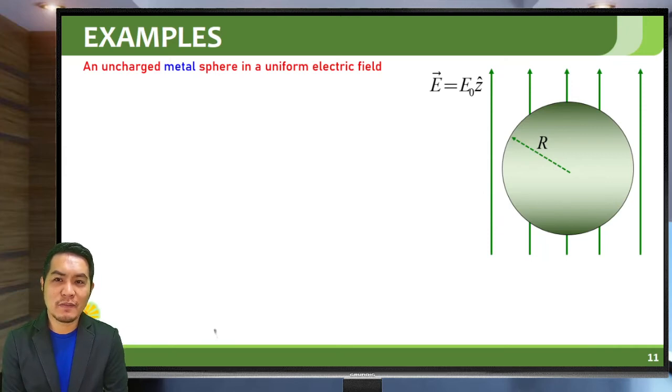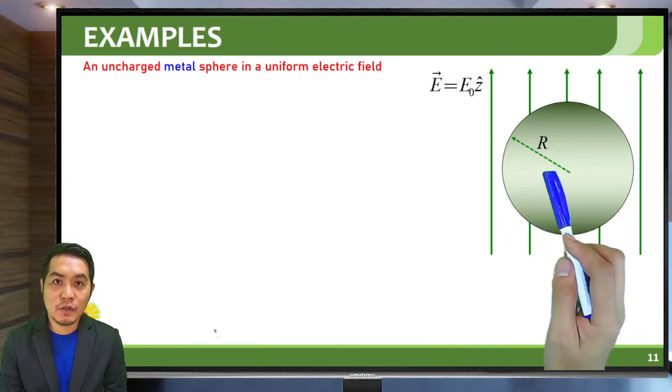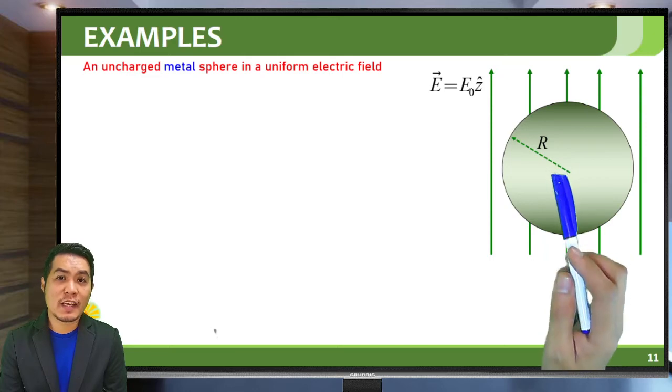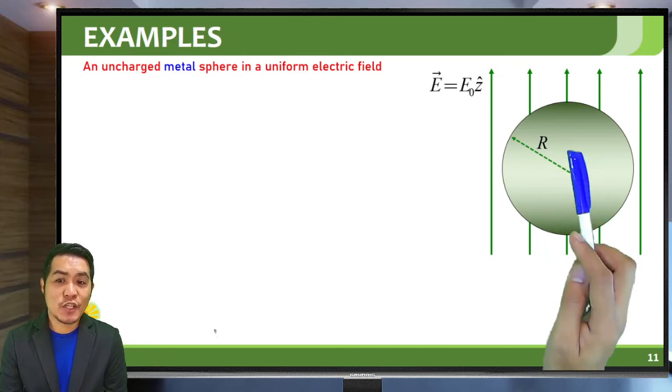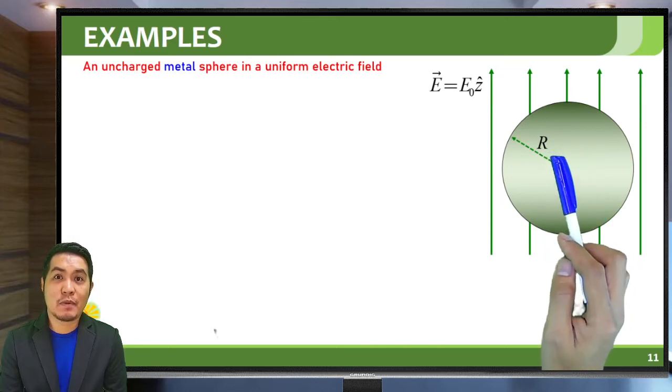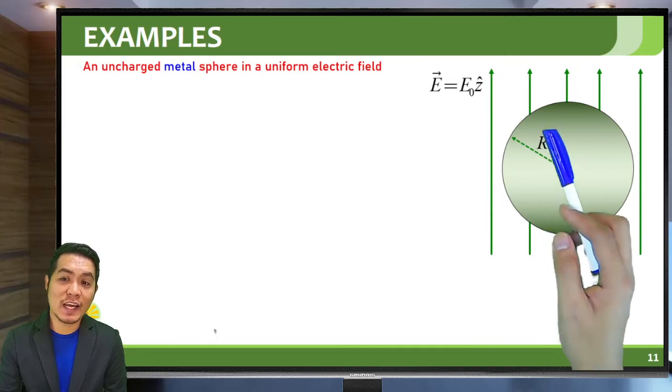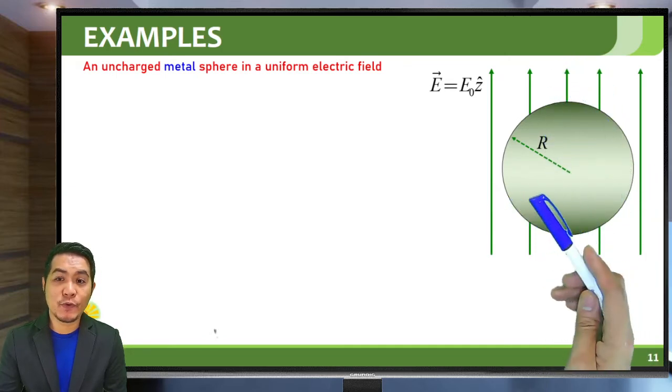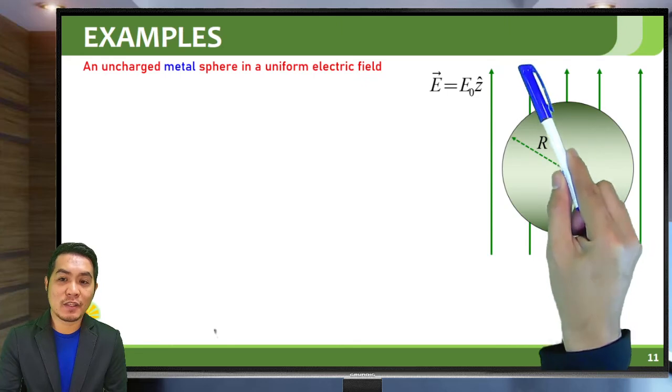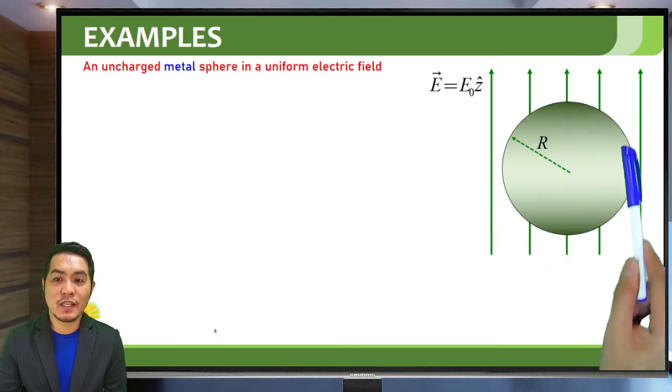I think you may have experienced this before in your basic electromagnetism. Since this is neutral, the number of positive charges and the number of negative charges are equal. But since positive charges go along the direction of the field, they will be forced to move along the direction of the electric field until they reach the surface.